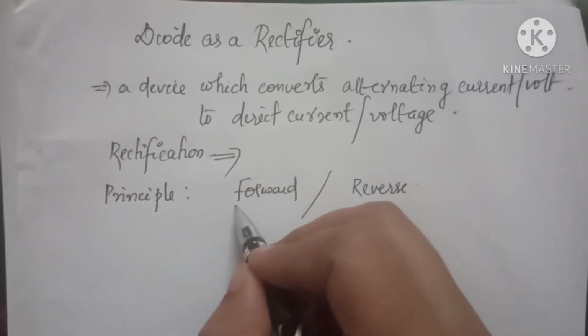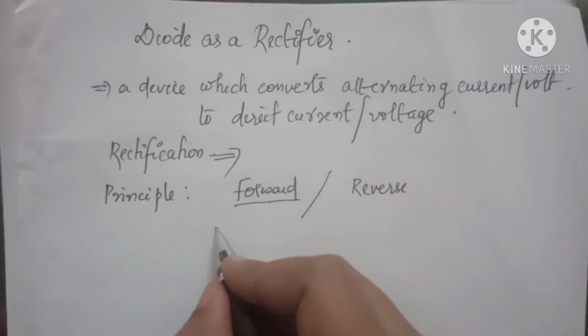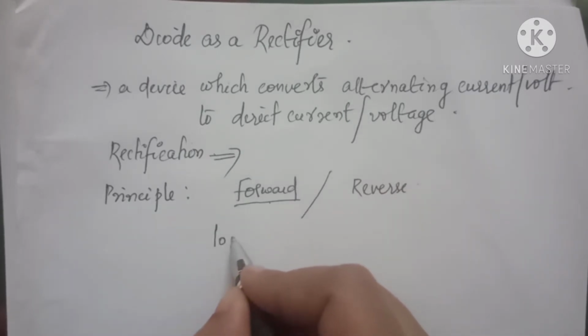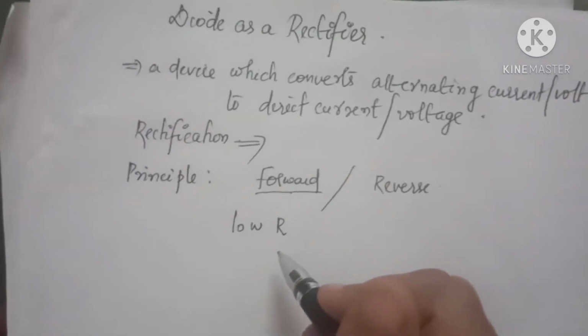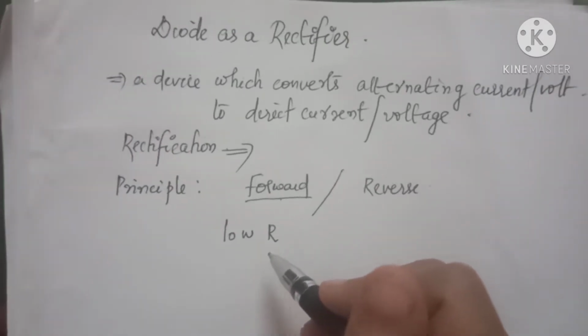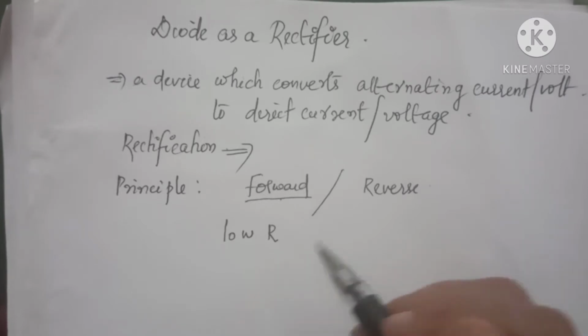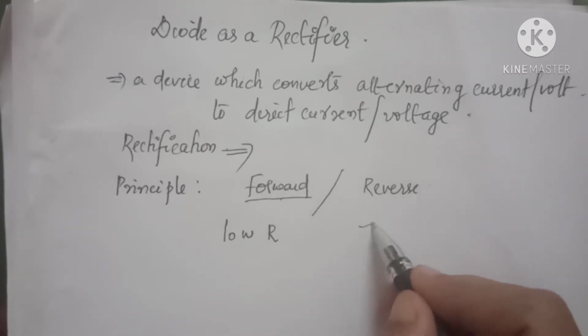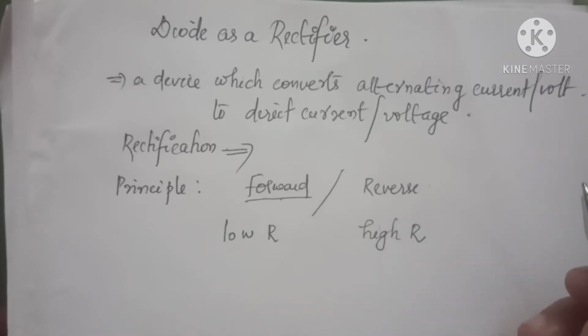So you can say that if the current is flowing in forward bias it offers a low resistance path, isn't it? Because of the low resistance path the flow of current is happening there, and in reverse bias it is offering a high resistance path.